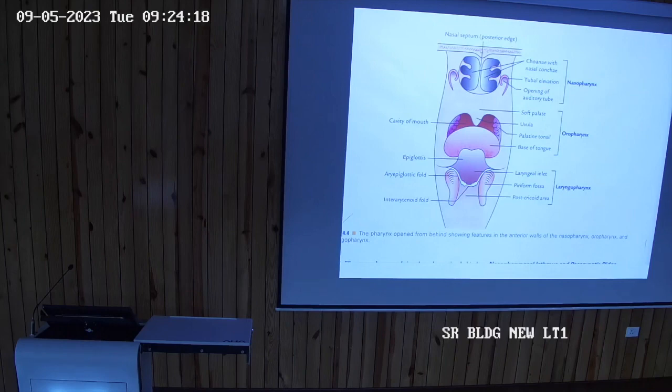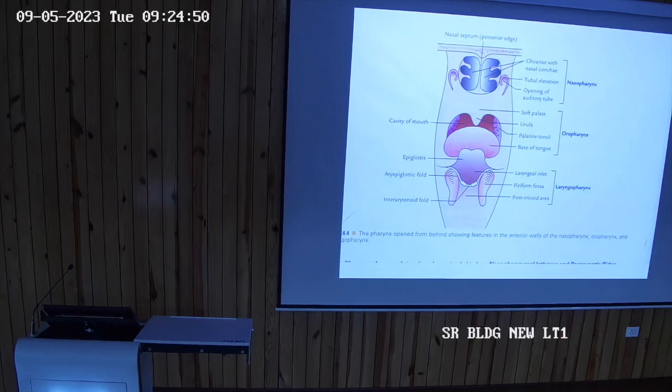Anteriorly it is bounded by the epiglottis, posterolaterally by the aryepiglottic fold, and posterior most by the interarytenoid fold, that is this one. That is the inlet of the larynx.